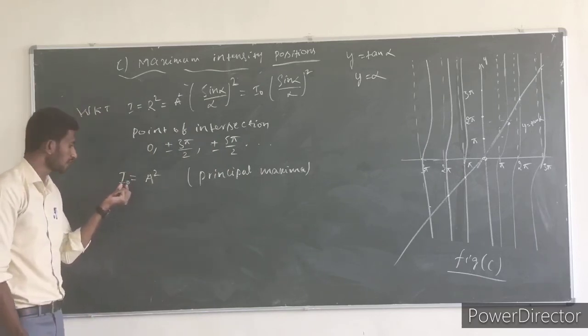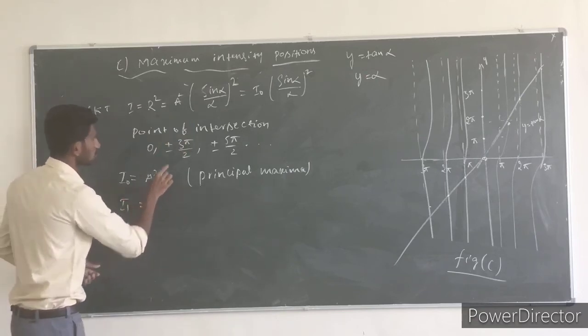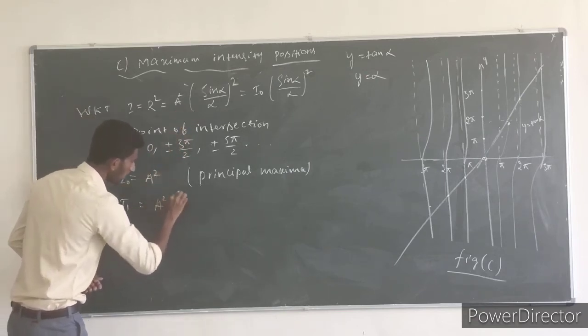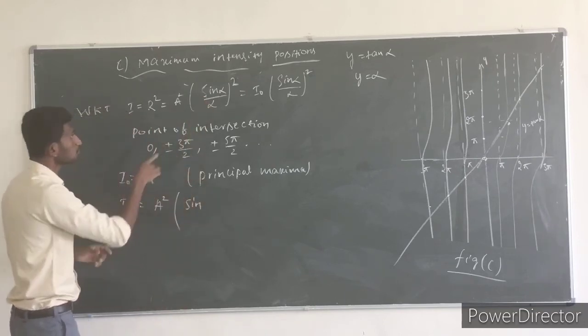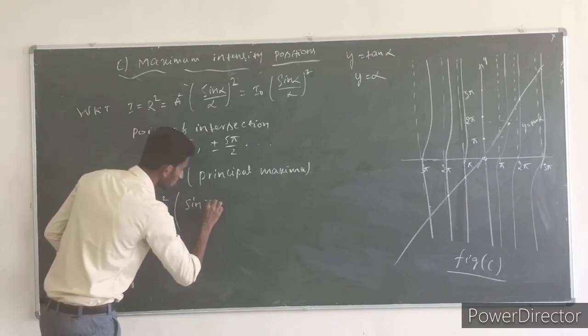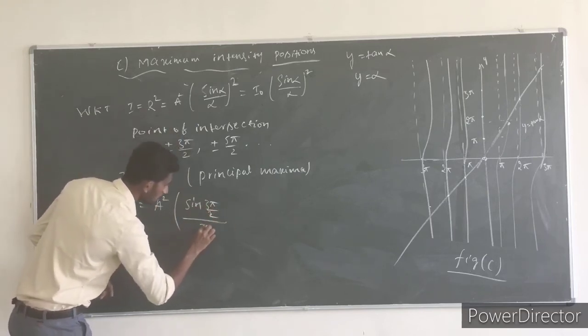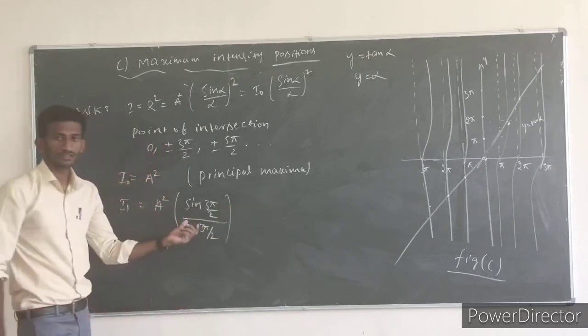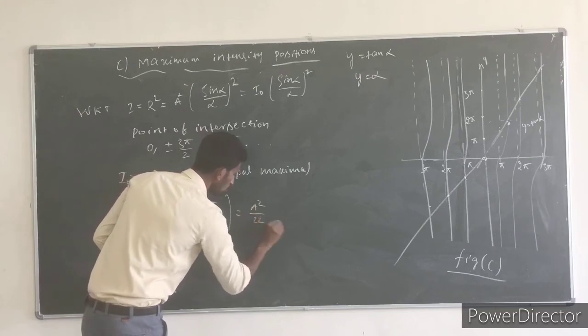Now this is I naught, when alpha is equal to 0. I1 for the first: a square into sin alpha, with alpha equal to 3 pi by 2, divided by alpha, again 3 pi by 2. Solve this. We will get around a square by 22 or something.